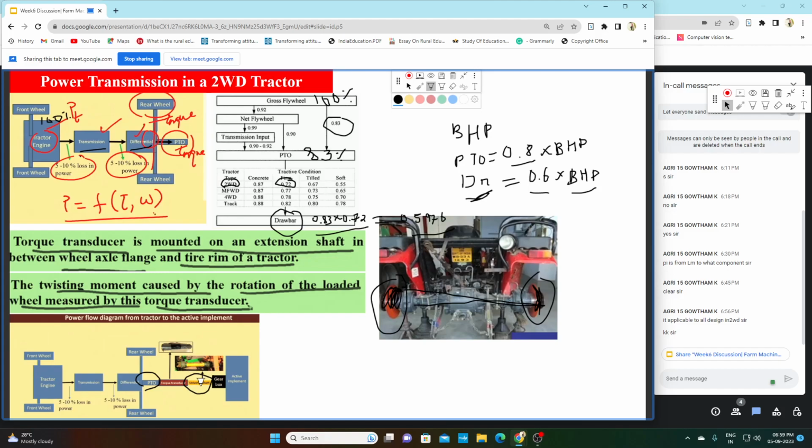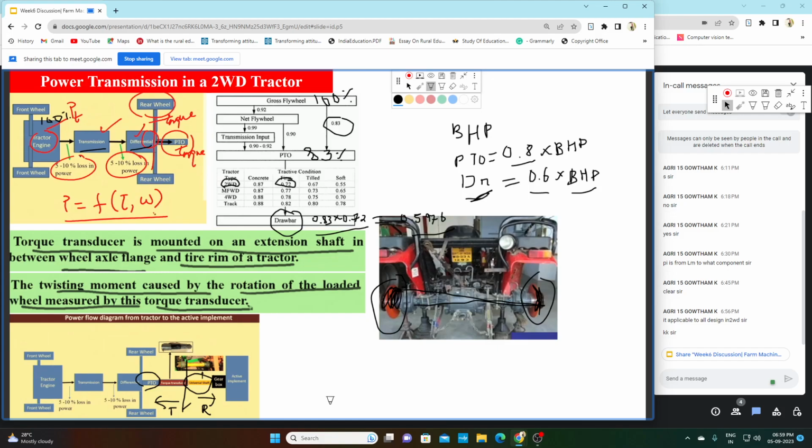This universal shaft is part of your rotavator. This part is part of the tractor, and this part is part of the rotavator. So in between the tractor and rotavator, we are mounting this torque transducer to calculate the torque.